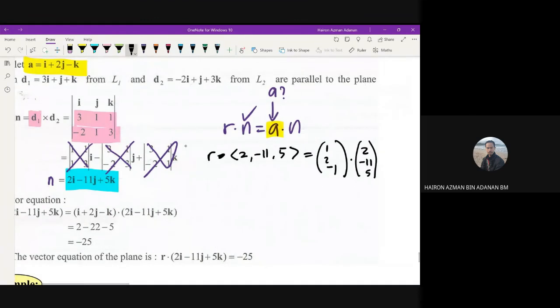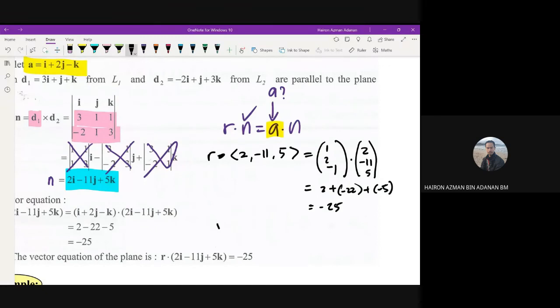Okay, boleh dan kita selesaikan on your right. 1 times 2 is 2, minus 2 times 11, ni plus negative 22 plus negative 5. Okay, so you will get negative 25. Okay, negative 25.